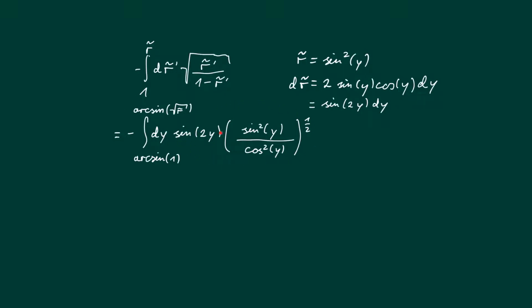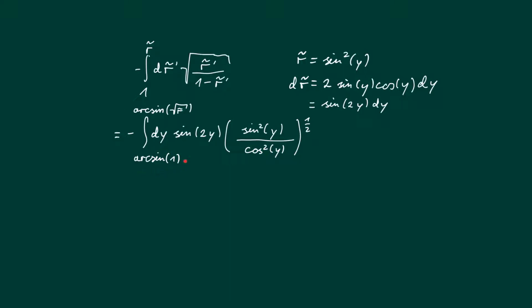So this is due to substitution, so this is this part here, and this is simply sine squared of y, because we have here r tilde to replace, and 1 minus sine square is cosine squared.